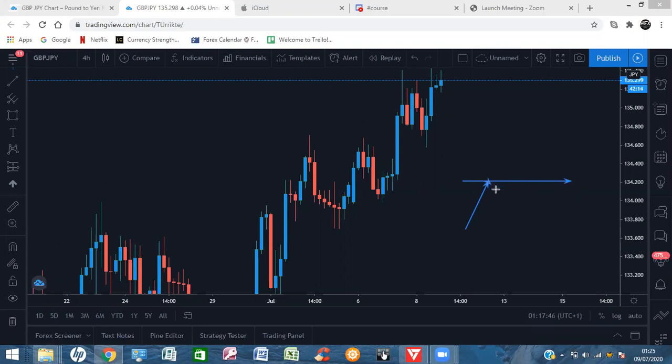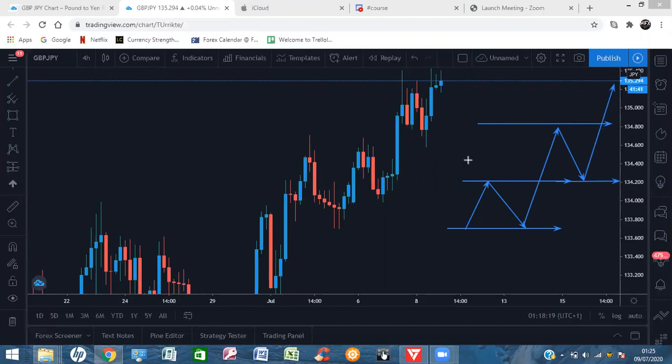Then we may see price come down and form a support. Then we may see price come back up, but this time it breaks through this resistance and makes a new resistance. Then we may see price come back down to retest this area we broke out of, form a support and continue moving bullish. This is the sort of market structure that we see.